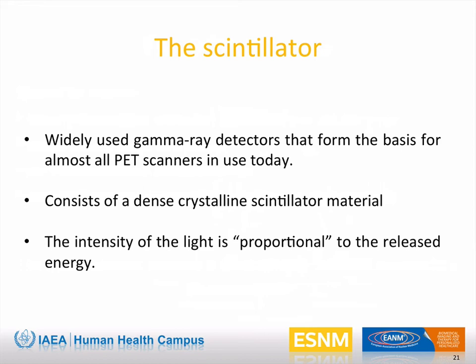The proportionality constant is the so-called light yield, and it is usually given in photons per MeV of released energy. The main advantage of the scintillator approach is that these low-energy photons can be easily detected by a standard photodetector, such as photomultiplier tubes, and converted into an electric pulse. In this process, the original information on the energy released by the interacting photon is preserved.